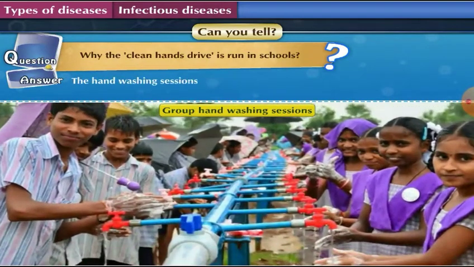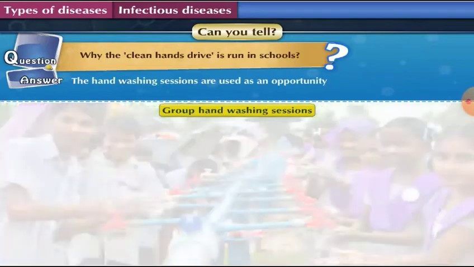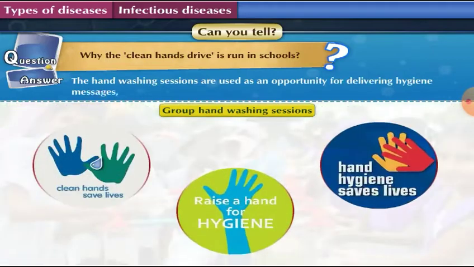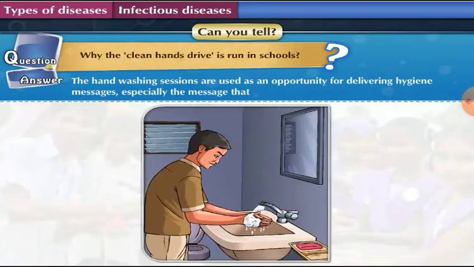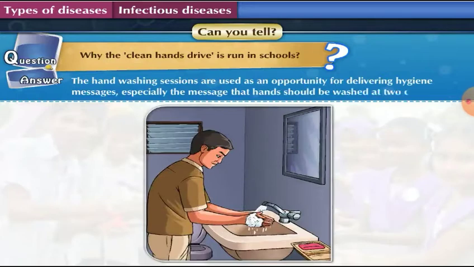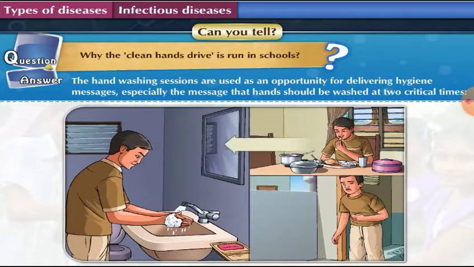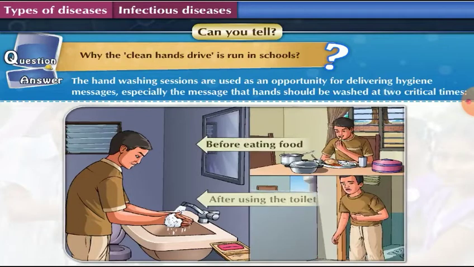The hand washing sessions are used as an opportunity for delivering hygiene messages, especially the message that hands should be washed at two critical times: before eating and after using the toilet. Come, let us now move on to study a few more infectious diseases.